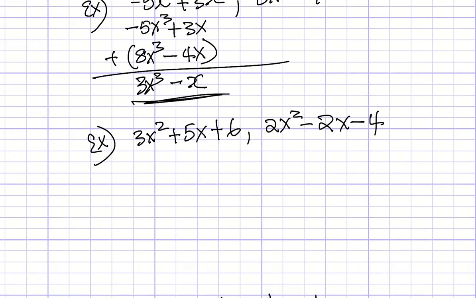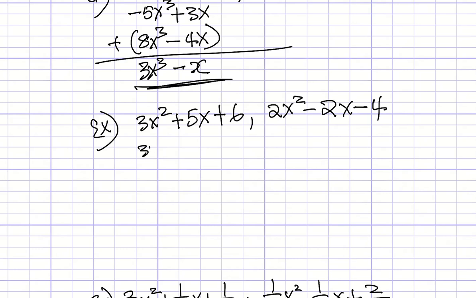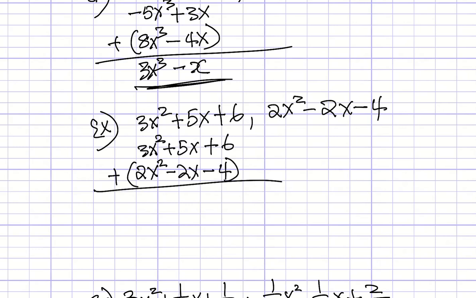This one here: 3x raised to the power 2 plus 5x plus, this one has an extra constant term, plus 2x raised to the power 2 minus 2x minus 4. You add the constants, you get 2.